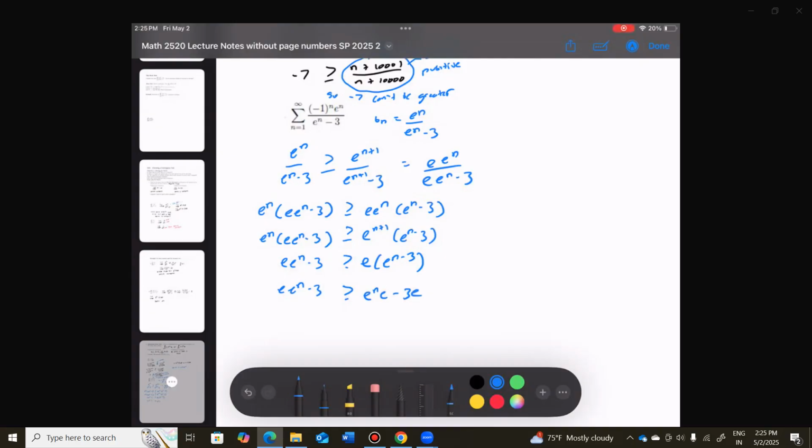Alright, so now we have two numbers that we can compare. So this is the same as this. And here we're subtracting 3. And here we're subtracting 3e.